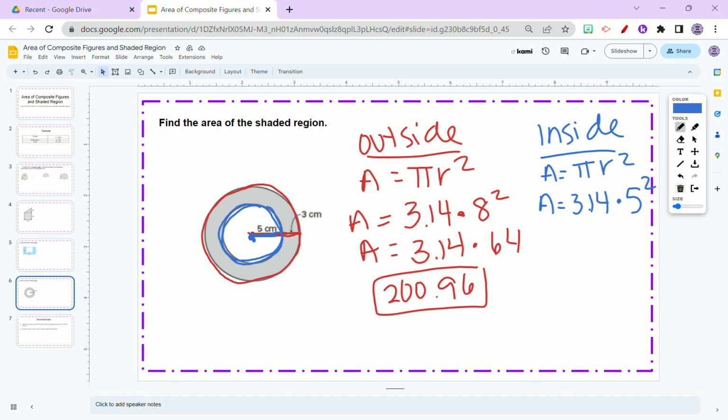All right, so 5 squared is 25. And when you multiply 3.14 times 25, you get 78.5. Okay, so once you know the outside circle and the inside circle's area, then you can just subtract them.